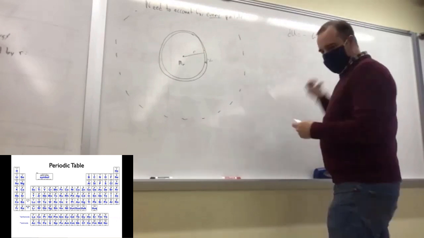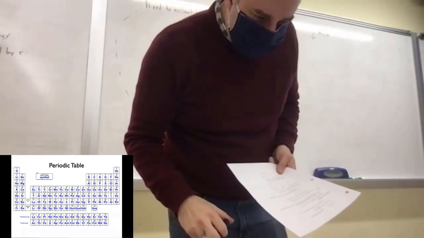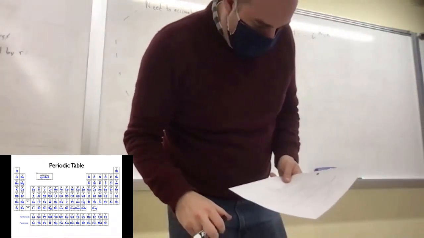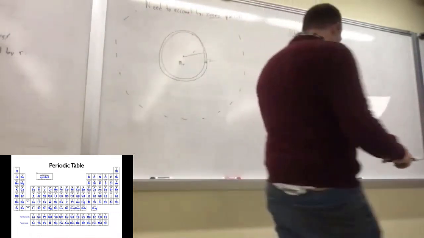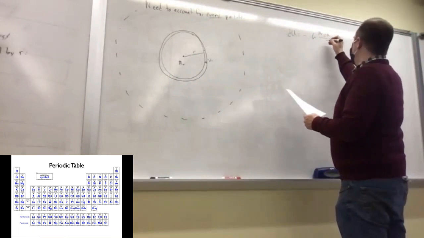dm_i. Why have I written dm_i there? Oh, yeah, I guess this is just the shell, the ith shell over r.